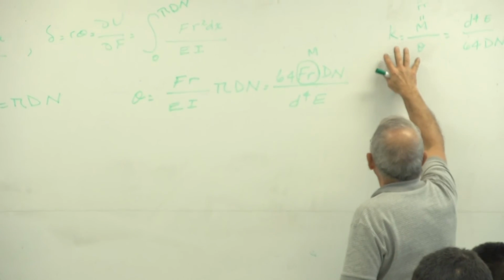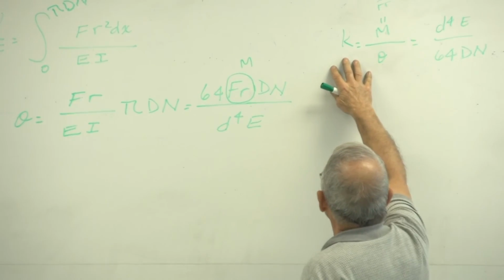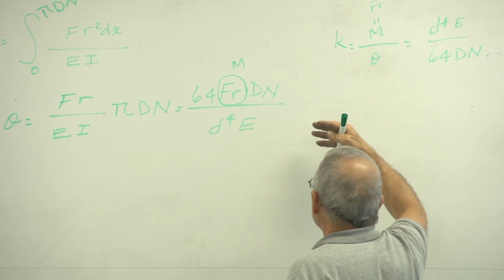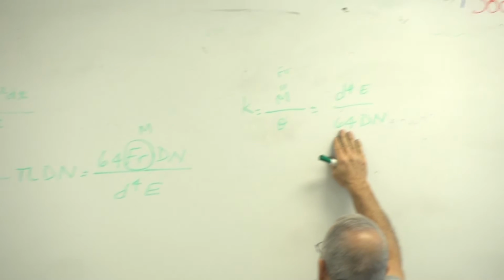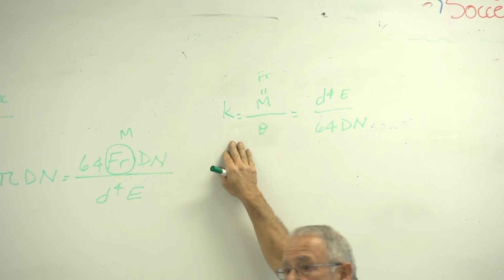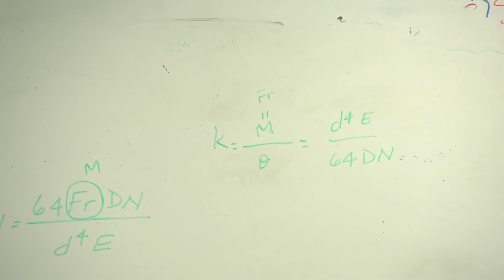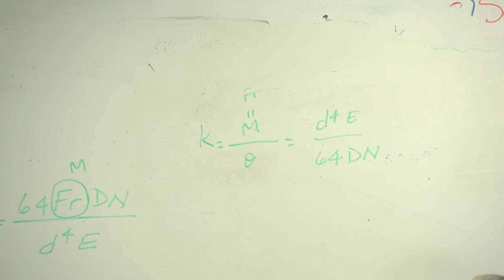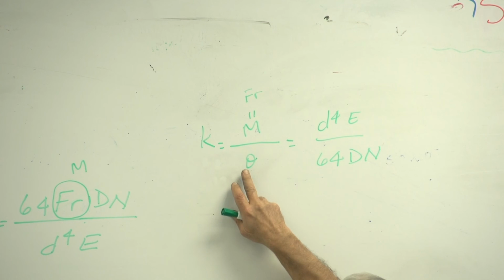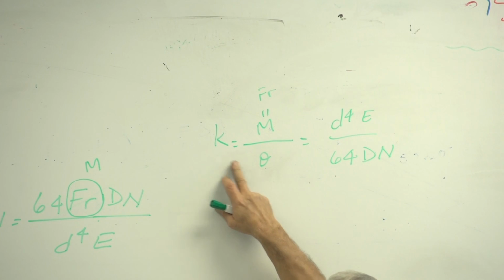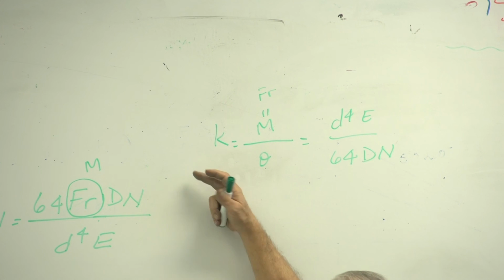As I said before, we generally define this in terms of number of rotations. So if this is per radian, if I multiply it by 2 pi, I will get K for 1 full rotation. This is K for 1 radian. If I want 2 pi radians, I've got to multiply it by 2 pi.